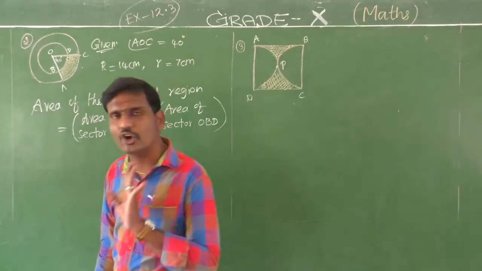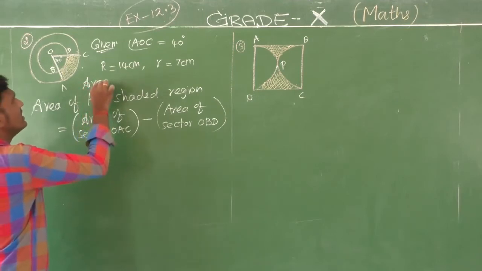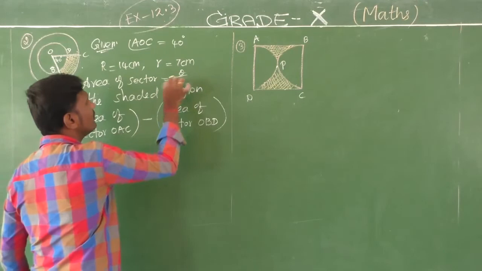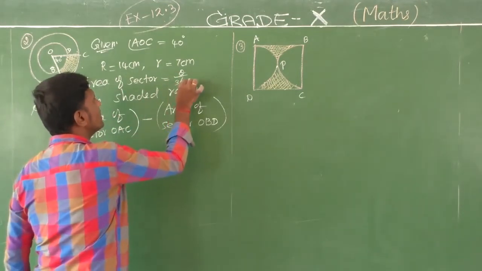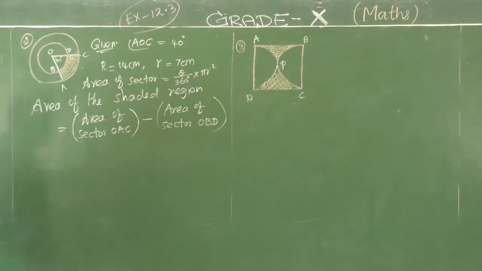Anything is right, student, it is not a problem, but we should keep it meaningful. Before that, you should write the formula. Area of sector, do you know the formula, student? Yes, already we are using it. Theta by 360 into pi r square.